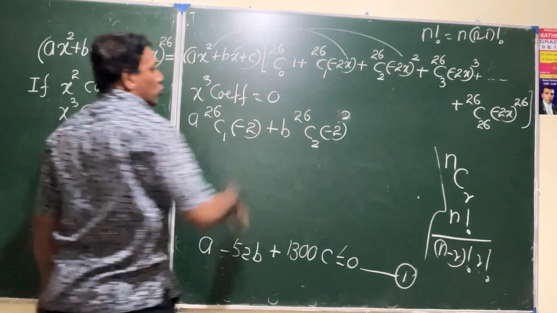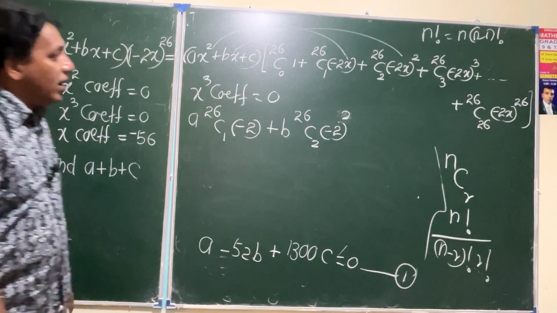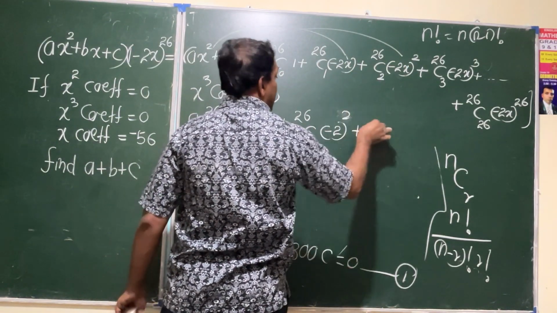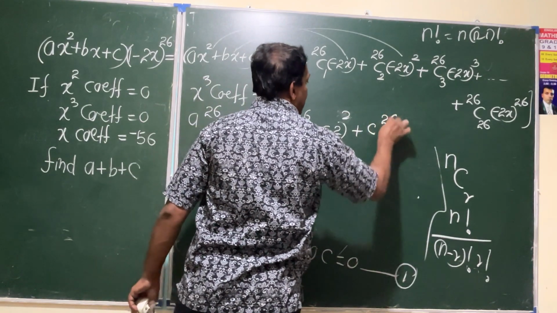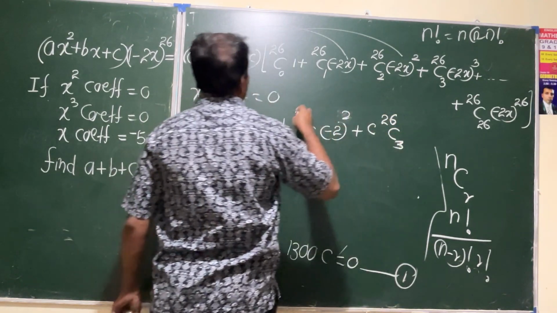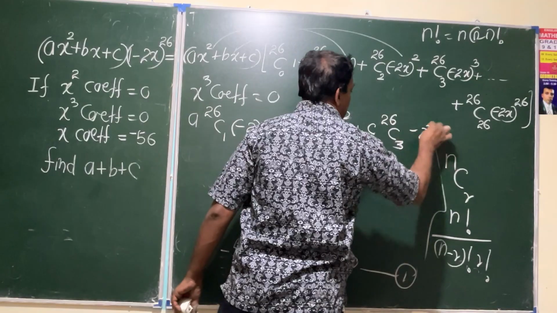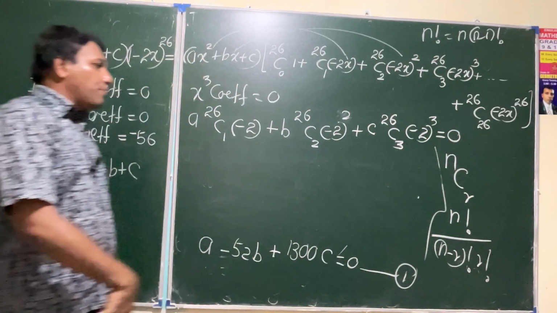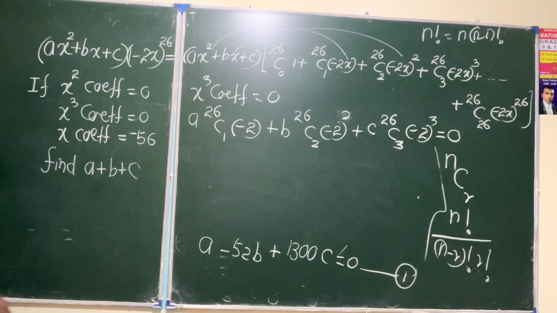Finally, with the c, if you multiply, positive c into 26C3 minus 2 cube, right? Minus 2 cube is equal to 0. This is the part for the x cube coefficient. Check that. The x cube coefficient equals 0. So we have a into 26C1 minus 2 power 1, b into that one, right?